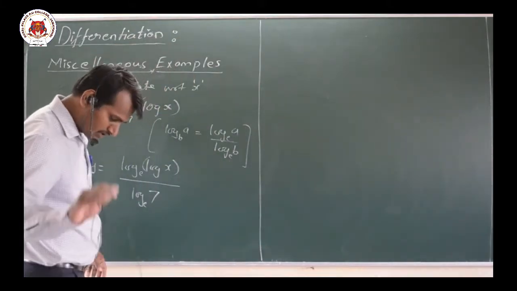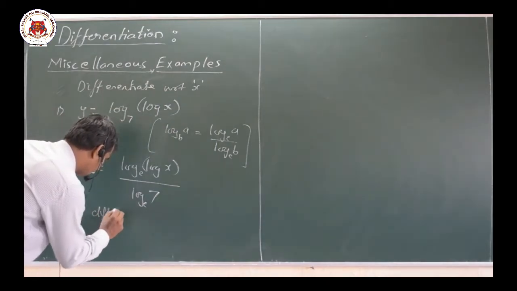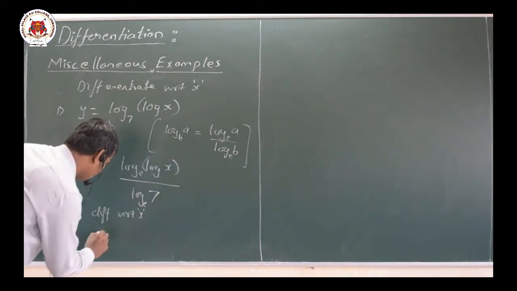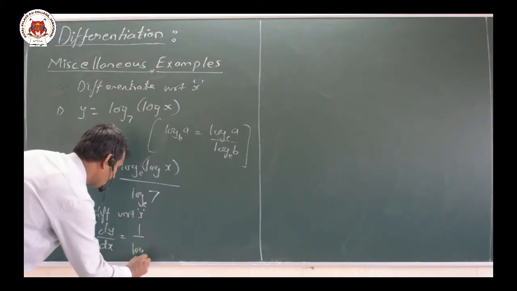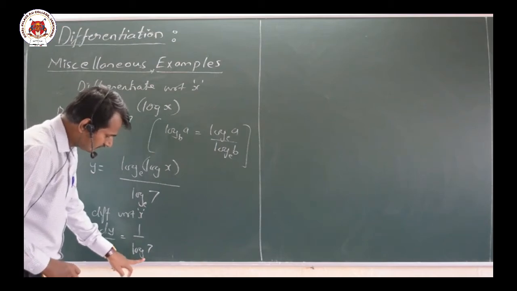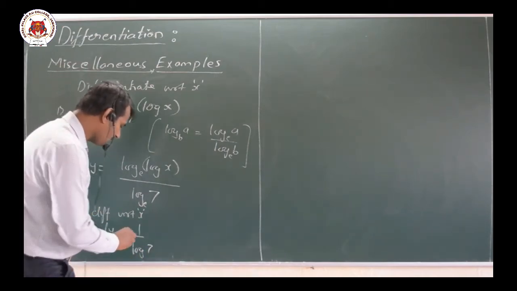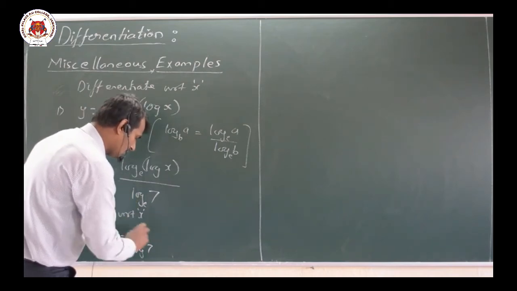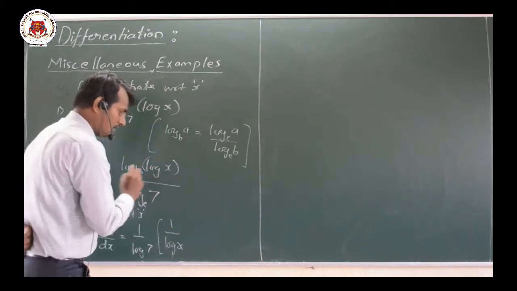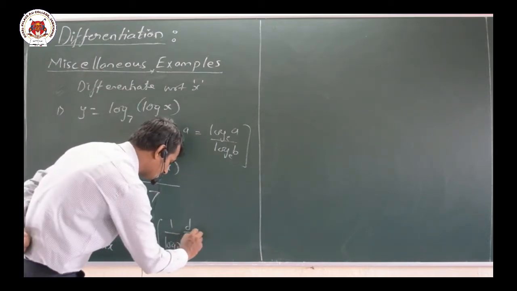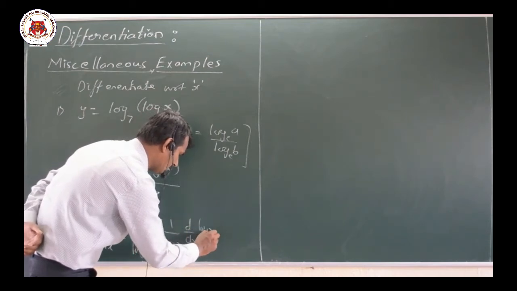Now I will differentiate with respect to x. dy by dx equals 1 divided by log 7 as it is. If I am writing nothing, it is understood that it is base e only. Then the differentiation of log is 1 divided by x, here log x, into further d by dx of the innermost part, that is log x.